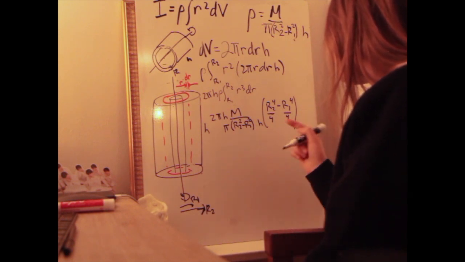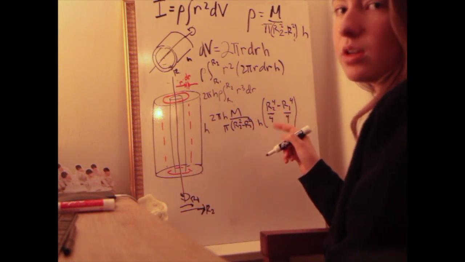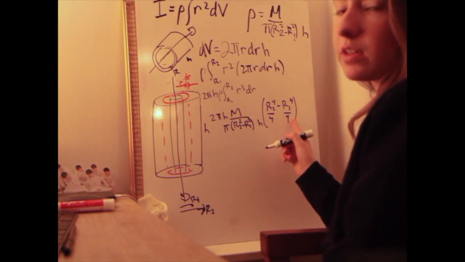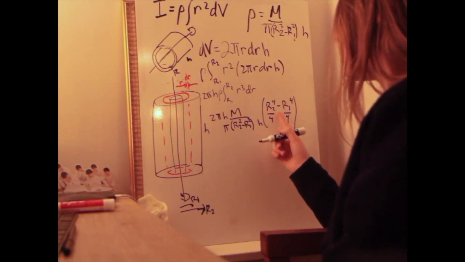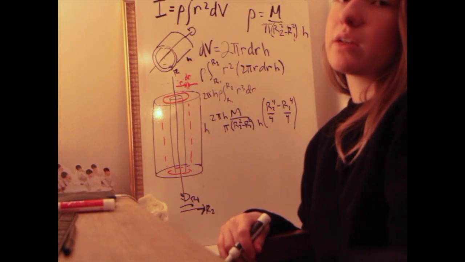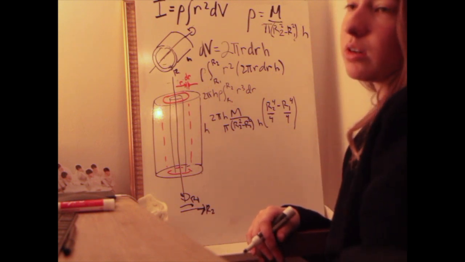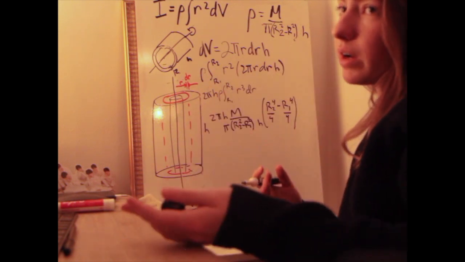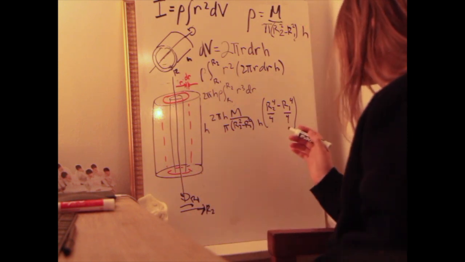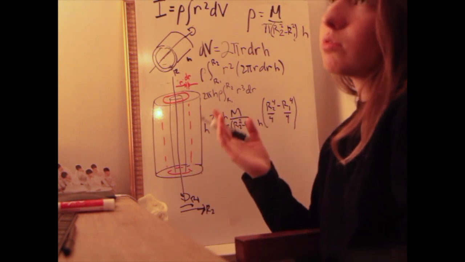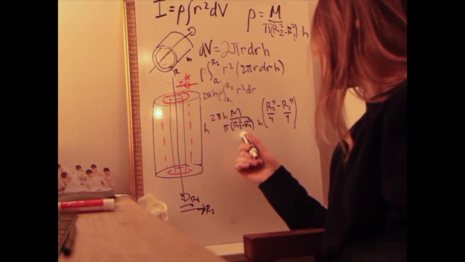Okay, and then to get one of these to cancel, I'm going to factor this. So this is the same as saying R2 squared minus R1 squared times R2 squared plus R1 squared. So the R2 squared minus R1 squared cancels with this.